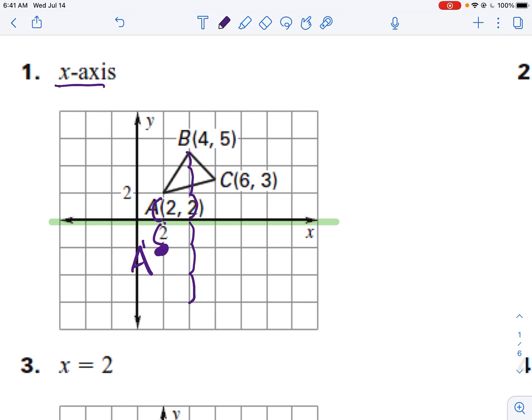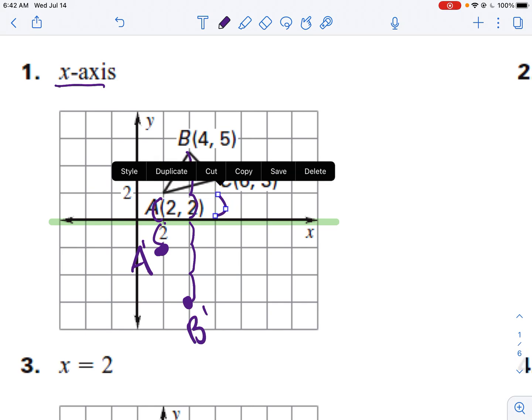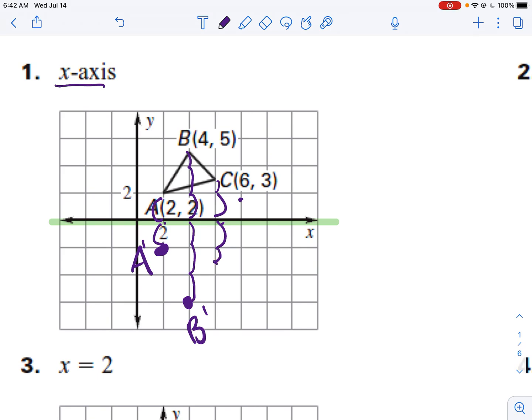It is B prime. This one is 1 and a half. So I do 1 and a half, and that is C prime.